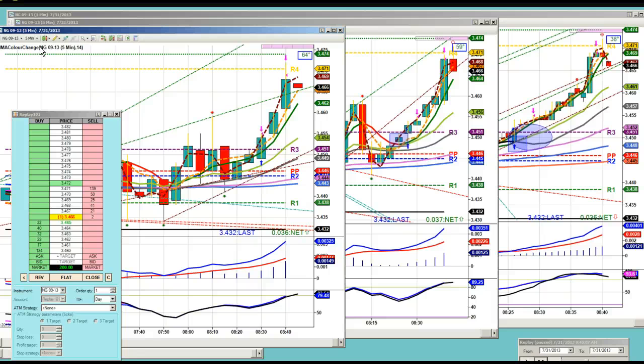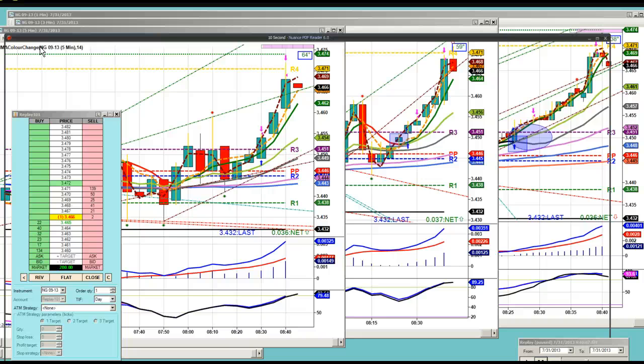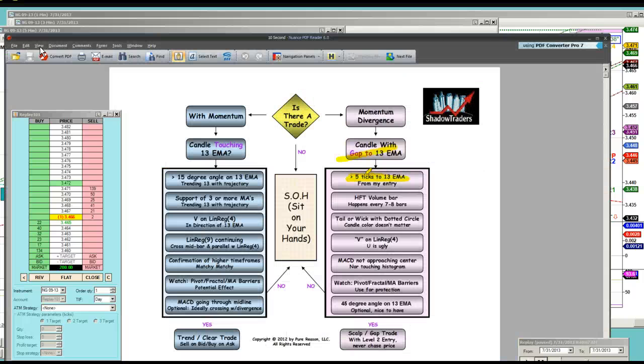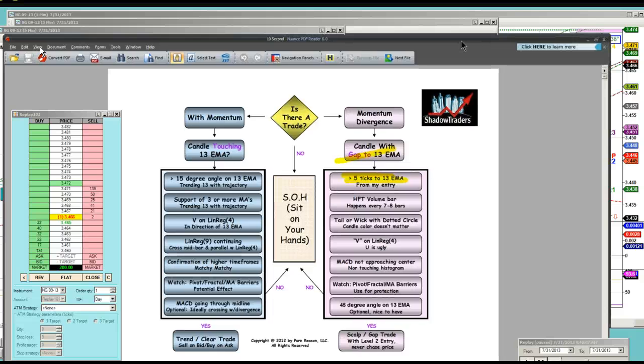Now watch this, because per our gap trade rules, the first thing you're looking for is whether there are 5 ticks or more before you hit the 13 from the point of entry. That's the first thing you need to look for in the gap trade. How much spread? Because you know what happens when you hit the 13 with such strong divergence, they could bounce and go higher.